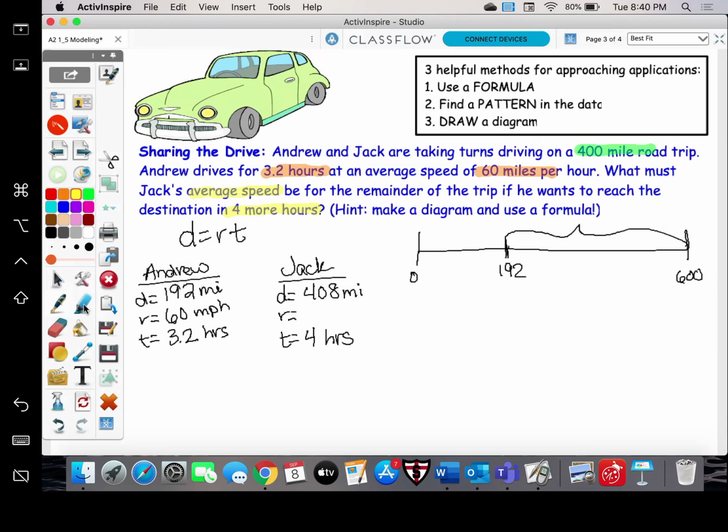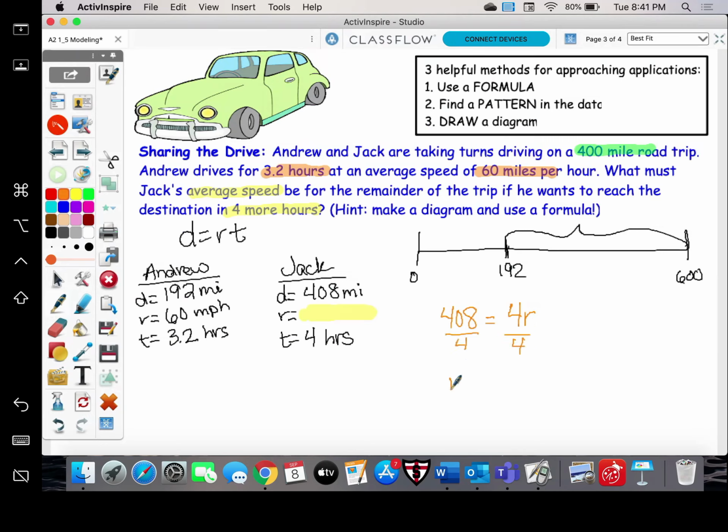Now this is my unknown right here for Jack. I need to figure out what his rate is. So remember up here, distance is equal to rate times time. So 408 distance is equal to the rate, we don't know, so we could call it R for now, times 4.